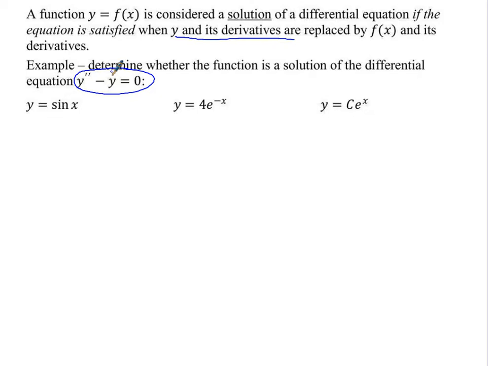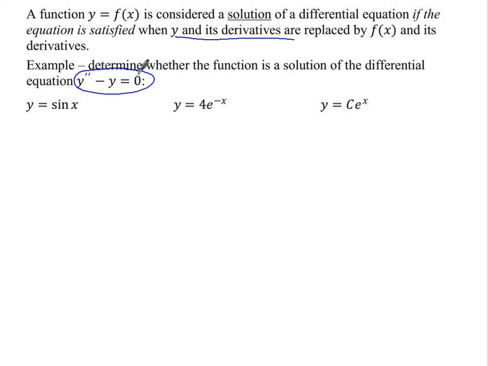In this particular example, we're trying to figure out if any of these three functions actually satisfy that differential equation. So to determine whether the function is a solution of the differential equation, y double prime minus y equals 0, we're taking this guy, because we're seeing if it actually satisfies the differential equation, and we're going to need to find y double prime and y, and then subtract them and see if we get 0. And if we do, then it's a solution.